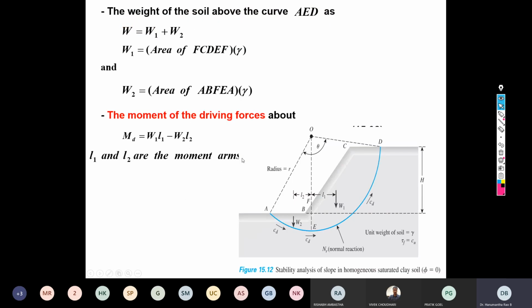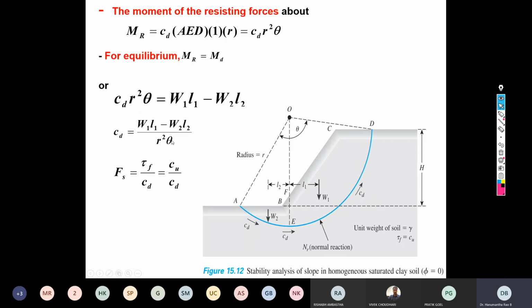Here also we need to know the value of theta and the value of R and other things like W1, L1, W2, L2. Here also we know the slope angle and the height.